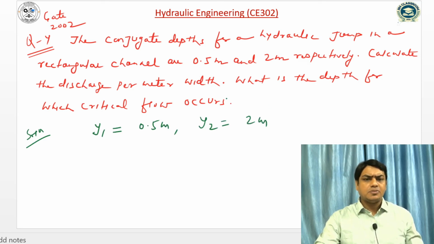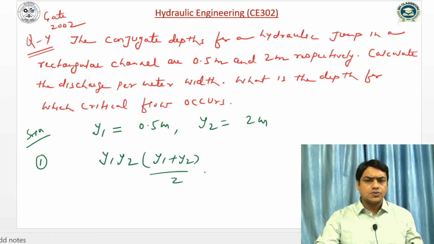Calculate the discharge per meter width. So in the first part we have to find the small q. We have the relation in case of a rectangular channel, y1 y2 into y1 plus y2 by 2 is equal to q square by g.